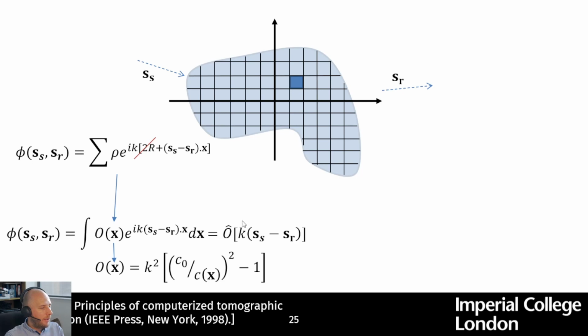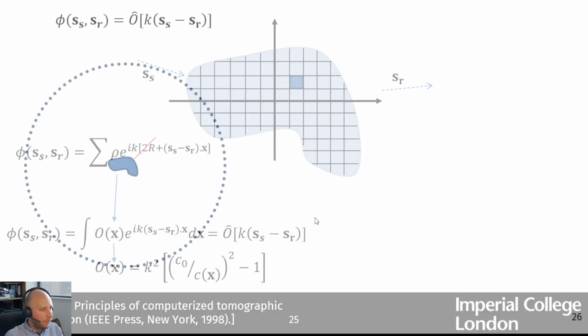So if we express the Fourier transform of our object function with this O hat term, then our scattered field for a particular send-receive direction will be given by the term in the object function expressed as this vector term. This is actually a two-dimensional function, so we do a 2D Fourier transform, and this is a two-dimensional vector term which tells us which point in the Fourier transform will correspond to this particular measurement. We've done some interesting mathematical tricks to get to that point.